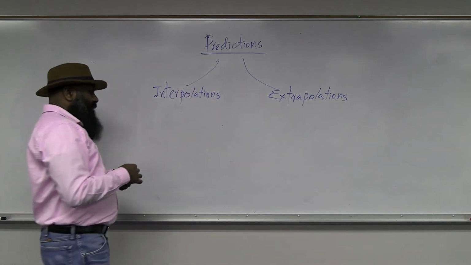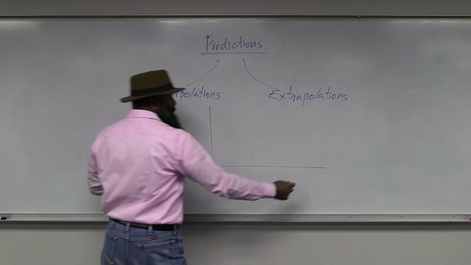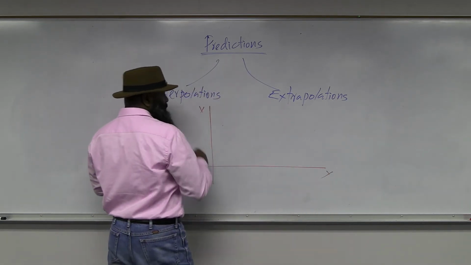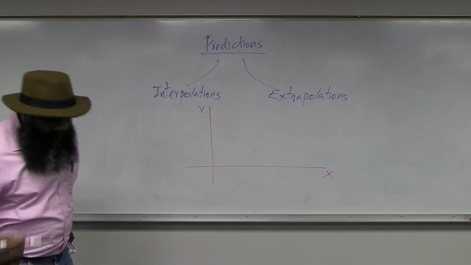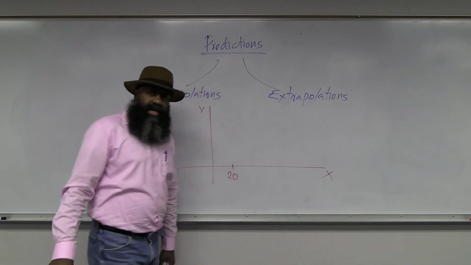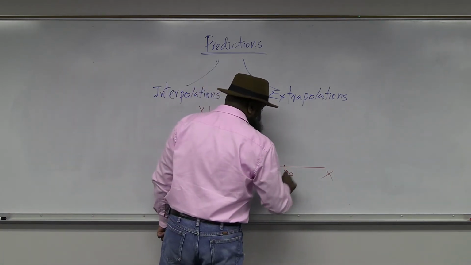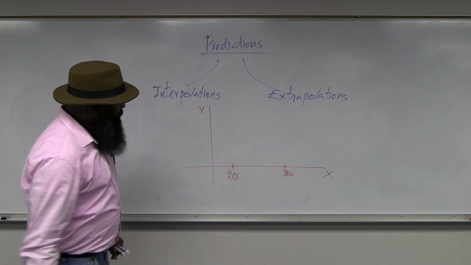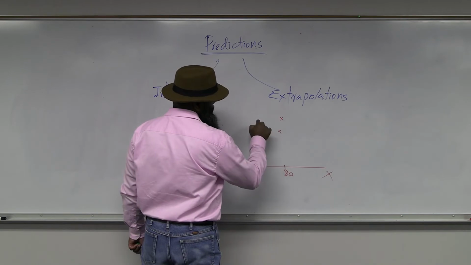Let's say here's my data set. These are my x values and these are my y values. Let's say the smallest x observation I have is 20. Let's say the largest x observation I have is 80. And I have all the data collected between those two values.